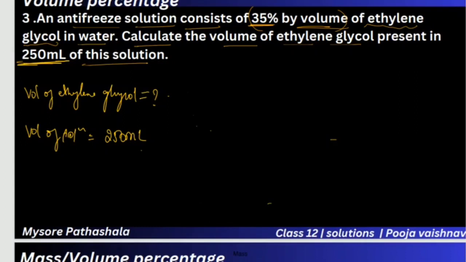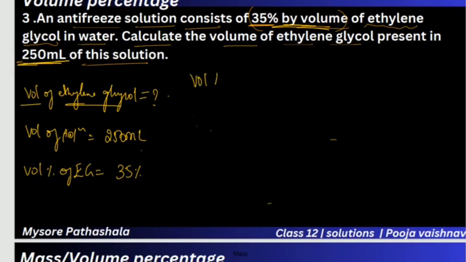One more thing they have given is 35% by volume of ethylene glycol, so the volume percentage of ethylene glycol is also given, that is 35%. So what do we need to find out? The volume of ethylene glycol. So we'll see the formula first.